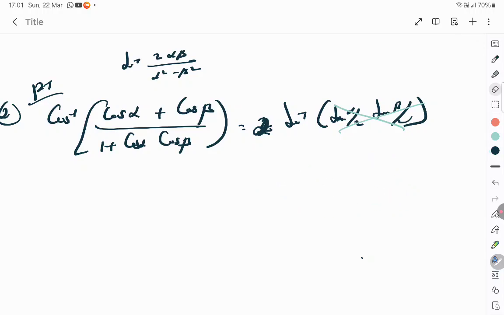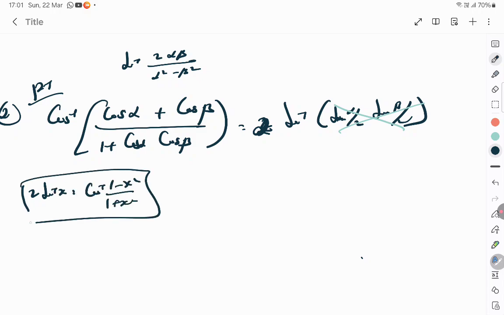You can just write directly as cos inverse because you have a direct relation. Isn't that better? Because you want the answer in terms of cos inverse. 2 tan inverse of x in terms of cos inverse is 1 minus x square by 1 plus x square. So ideally you should use this formula to get this directly.